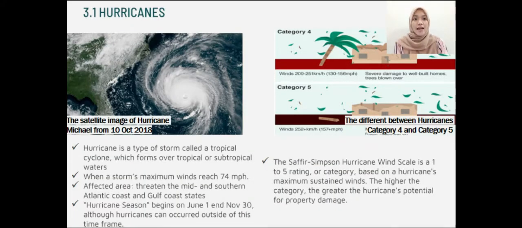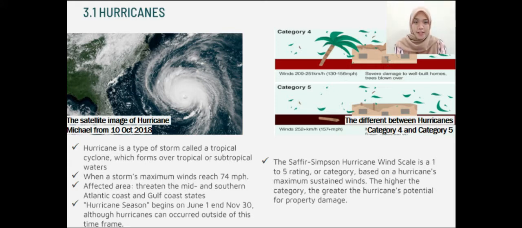The first natural hazard that we will cover is hurricanes. Hurricanes can be defined as storms with violent winds which form over tropical and subtropical water. When a storm's maximum wind reaches 74 miles per hour, it is considered a hurricane. Hence, it can threaten the mid and southern Atlantic coast and Gulf Coast states.